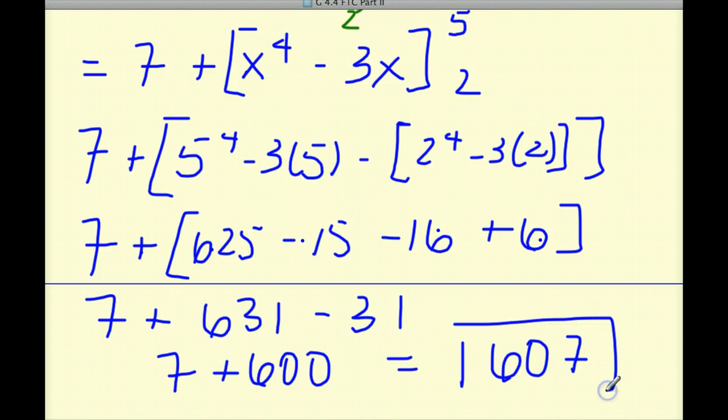So f of 5, given our initial condition and our change, has to equal 607.